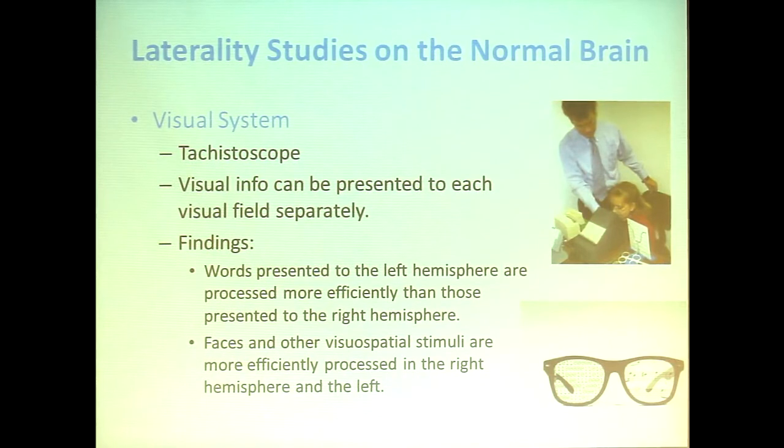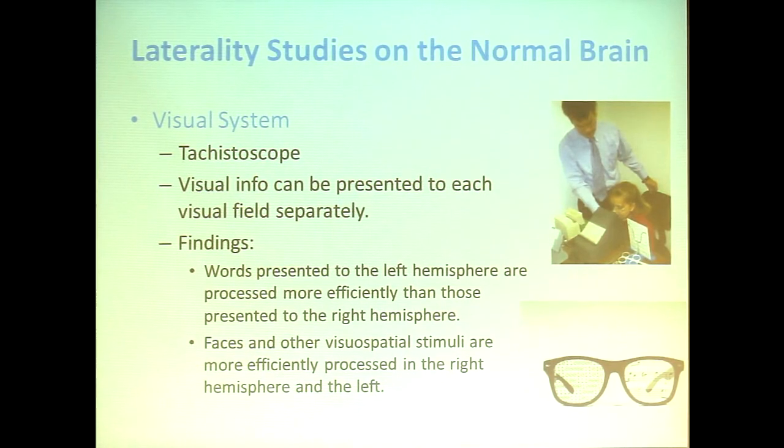Now, there have also been many laterality studies on people who have normal brains, and one of the techniques, looking at it with a visual system, is called a tachistoscope, where images or words are flashed very quickly in front of the eyes.